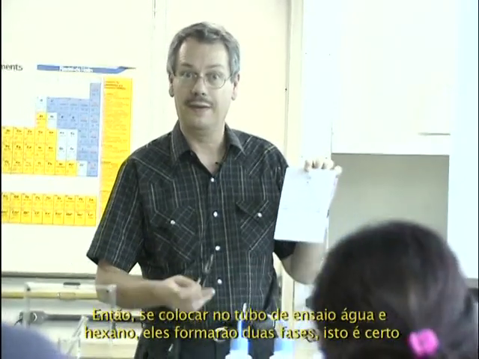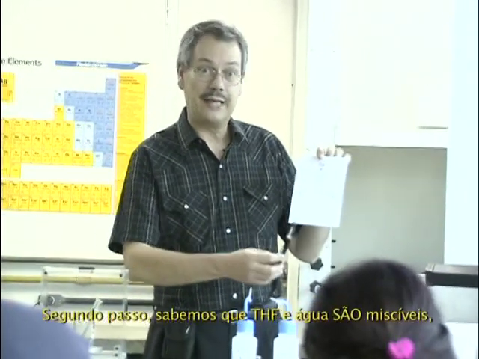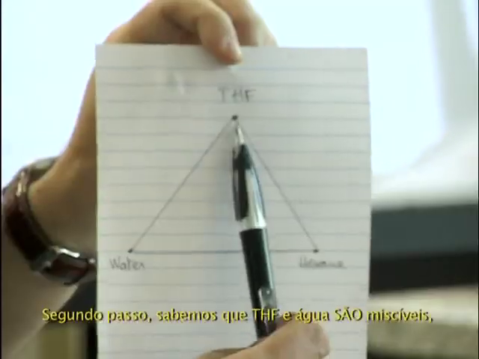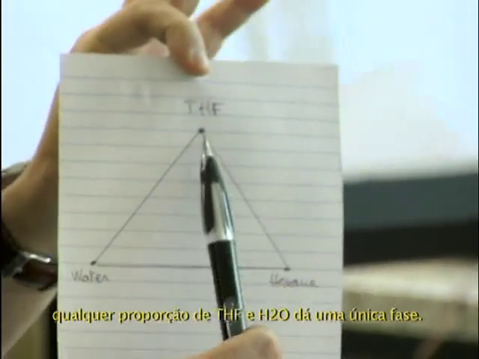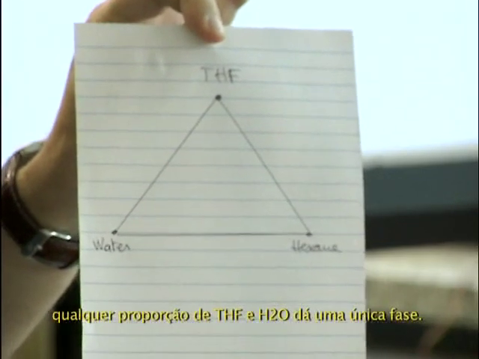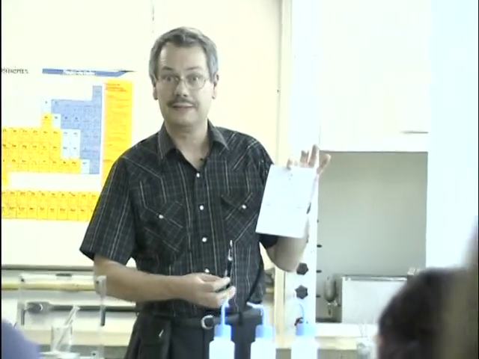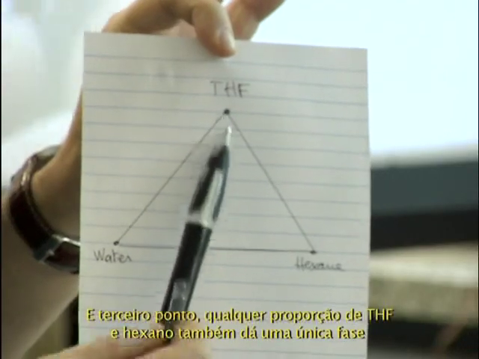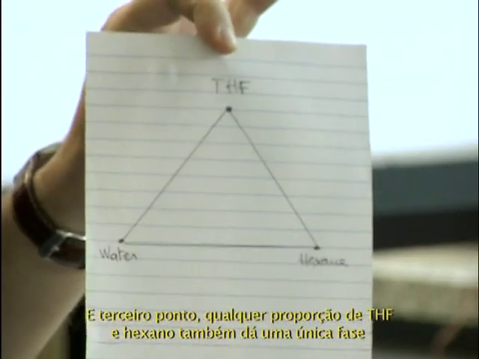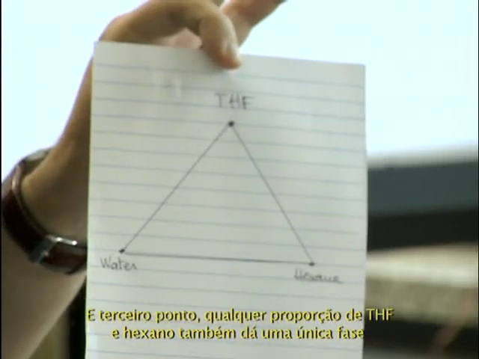It's sure. Okay? Second step, we know that THF and water are miscible. Any proportion of THF and water give a single phase. That's the second point. And third point, any proportion of THF and hexane also give a single phase.